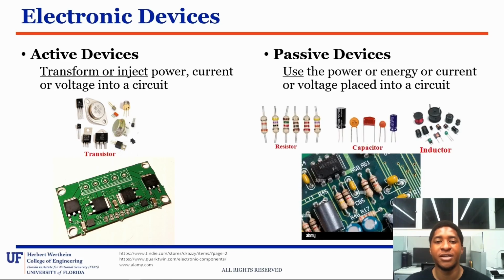The next category would be the passive device. Passive devices use the power or energy or current or voltage placed into the circuit. You can see the resistor, for example, which restricts the flow of current, the capacitor next to it, which stores charge based on current flowing, and the inductor, which stores energy in its magnetic field.